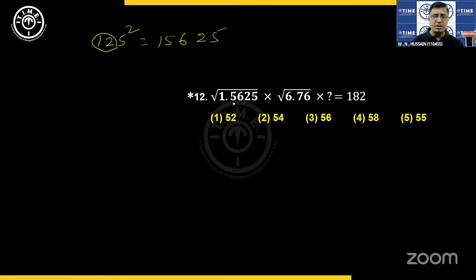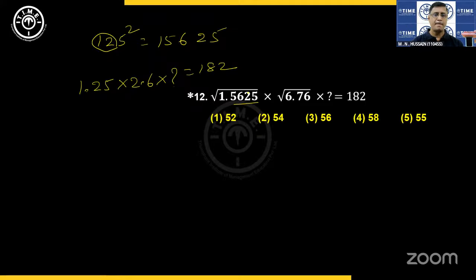Okay, here decimal after 4 places means the answer here 1.25. What about 676? 26 square means 2.6 into question mark is equal to 182.